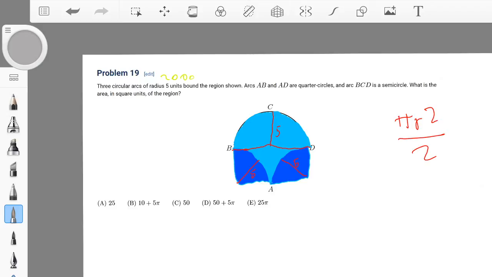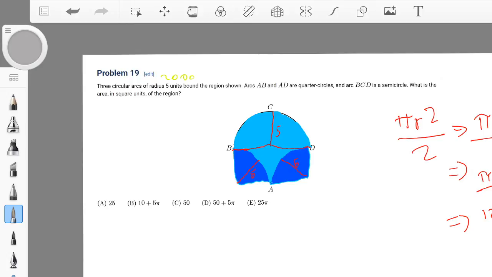So it's pi times 5 squared over 2, which becomes pi times 25 over 2, which is 12.5 pi.